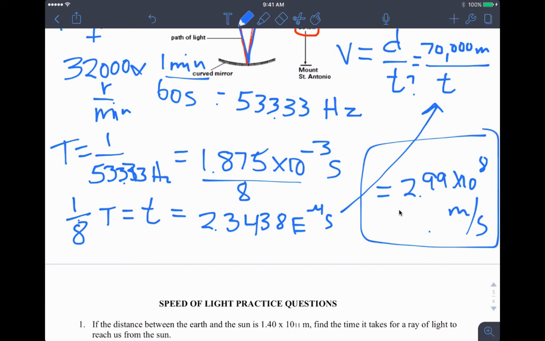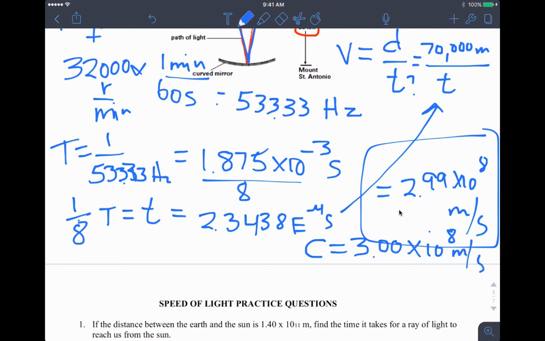The actual speed of light is 2.997 something times 10 to the 8th meters per second. But as you'll see on your formula sheet, we never use the exact value. Not for our math, we don't have to be that precise. So we just use this number, 3.00 times 10 to the 8th meters per second.